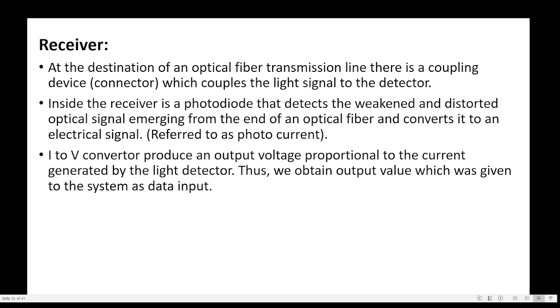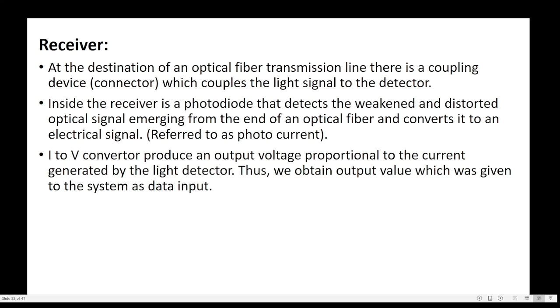Now, the last part of the communication system is the receiver. In the receiver section, there are a detector, an electronic amplifier, and a retrieve circuit. At the destination of an optical fiber transmission line, there is a coupling device which couples the light signal to the detector.